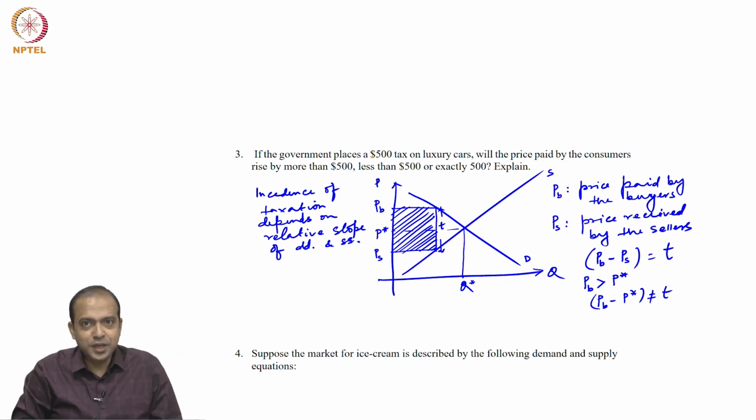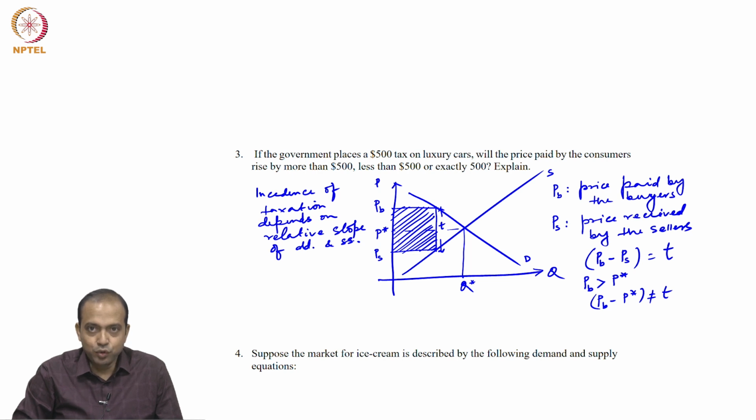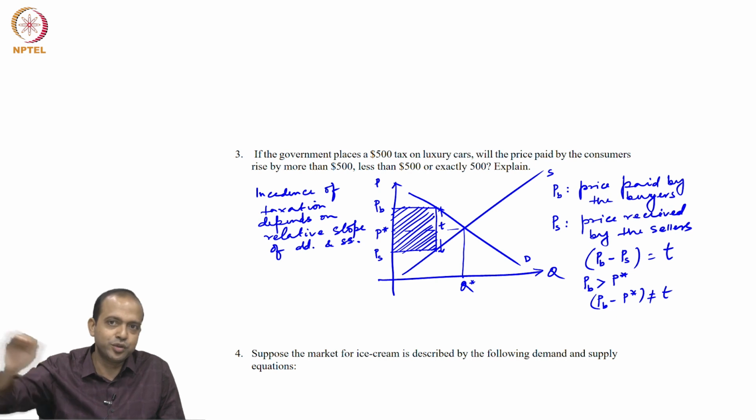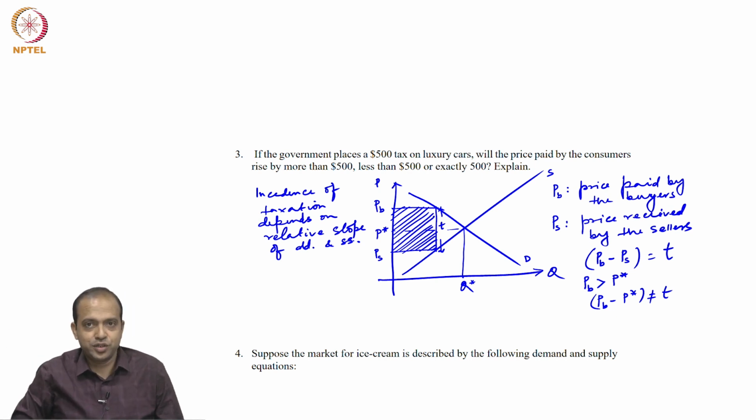In extreme cases, let us assume that the supply is perfectly elastic. That means, when the tax is imposed, suppliers will be able to bypass the entire tax burden to the consumers. So, supply is perfectly elastic, right.